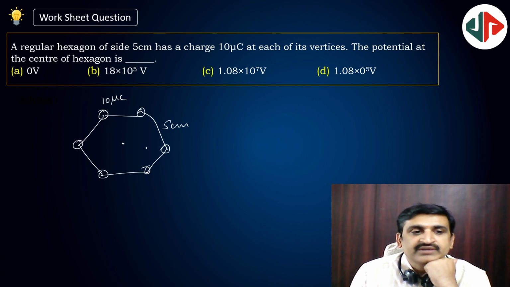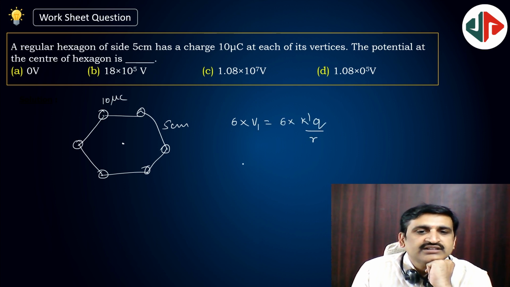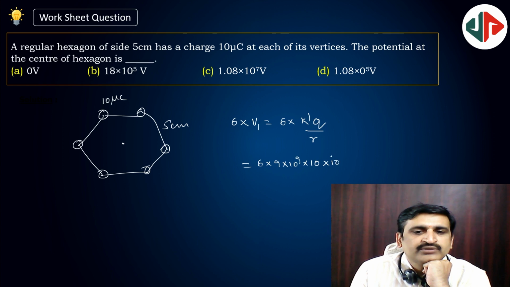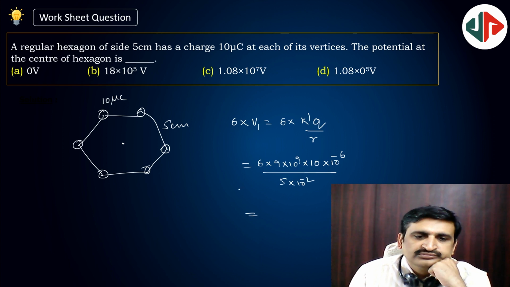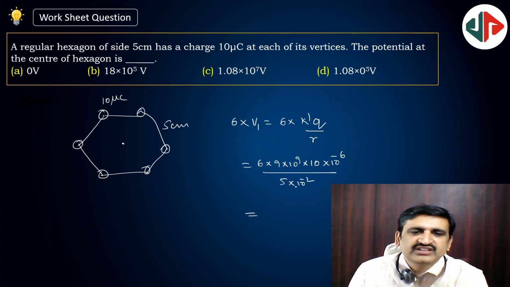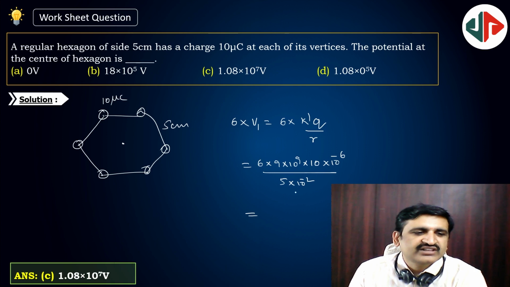Because all are the same type of charges. 6 times the potential of one, 6 times k q by r. 6 times 9 into 10 to the power of 9 into q value 10 microcoulomb, 10 power minus 6, by r is 5 into 10 to the power of minus 2. It's a simplification. Why should I waste time? That's it.